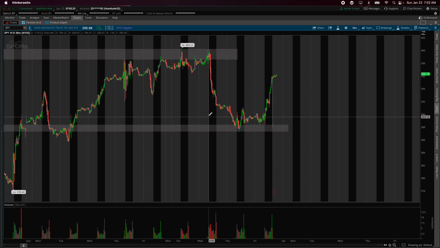When I'm looking at zones, I am drawing fresh zones. So it looks like we had a sell-off right here, and I'm going to have that zone there.